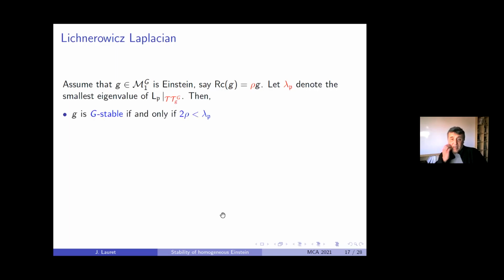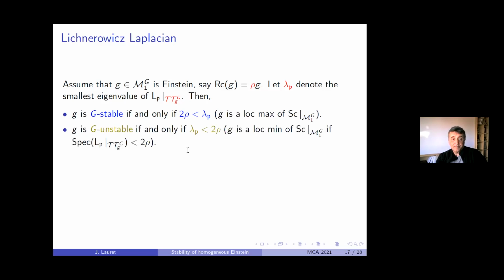So the same as in the general case, if you take lambda_p the minimum eigenvalue of L_p, then you have these equivalences. The metric will be G-stable if and only if 2 rho, so 2 times the Einstein constant, is less than this lambda_p, and in that case you get a very special local maximum for the scalar curvature.